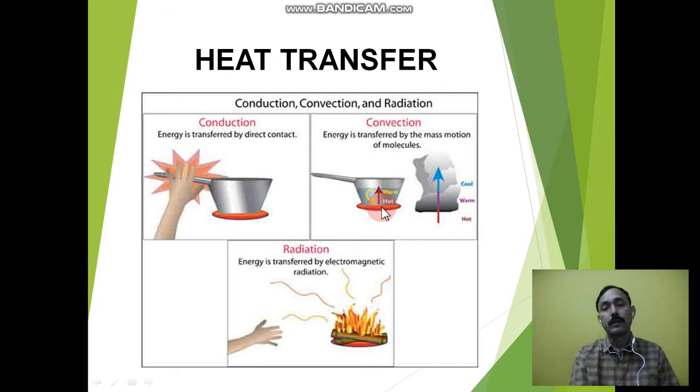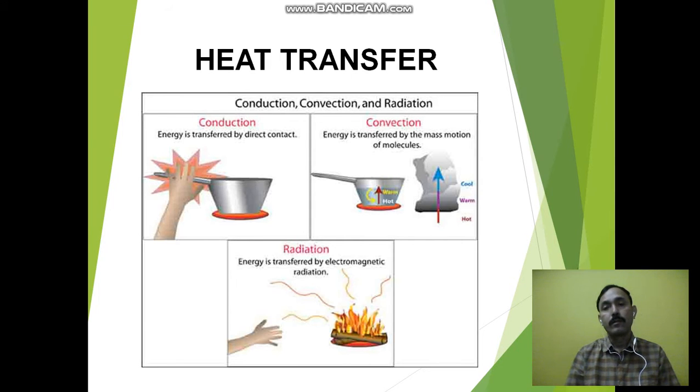Now this becomes lighter. These particles will move upward and the heavier particles will come down. This is how there is a cycle. Lighter particles getting heat will move up, heavier particles move down. This is how the entire water becomes heated.